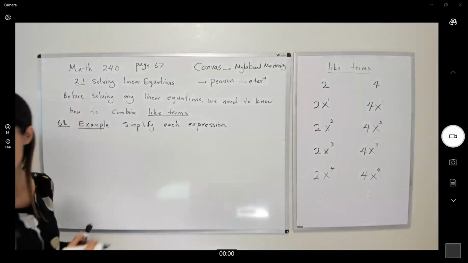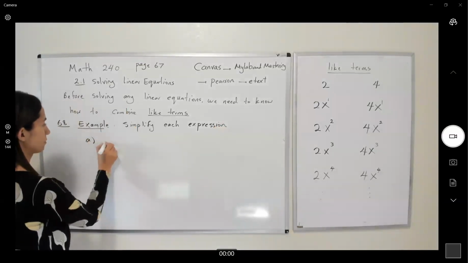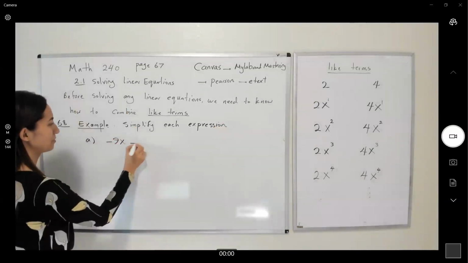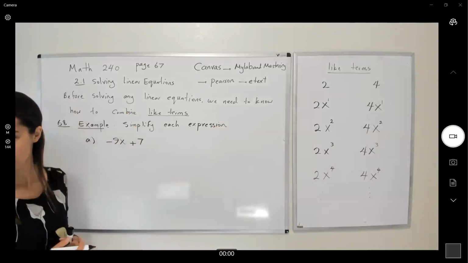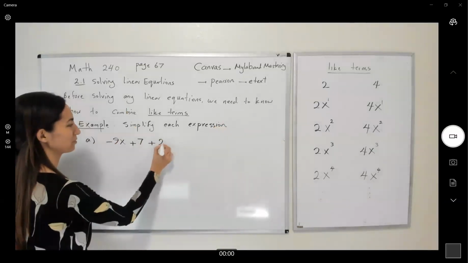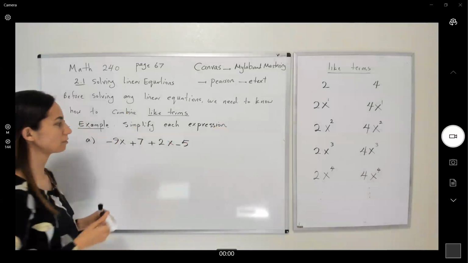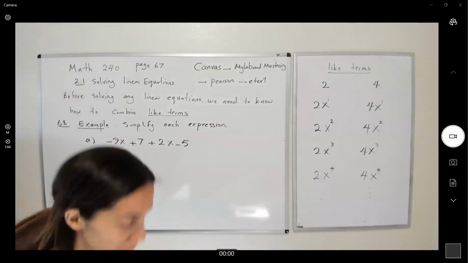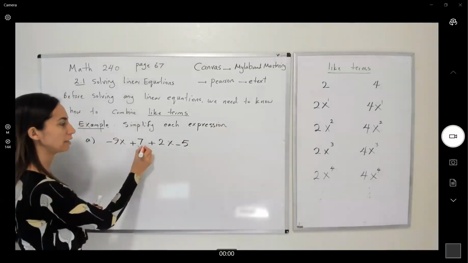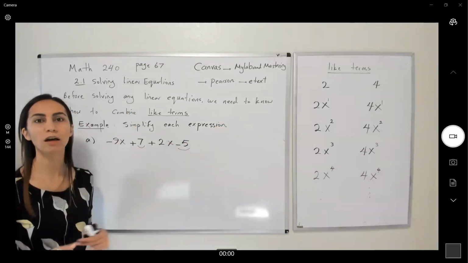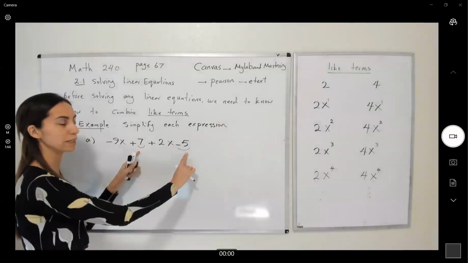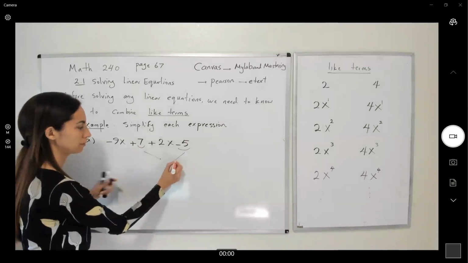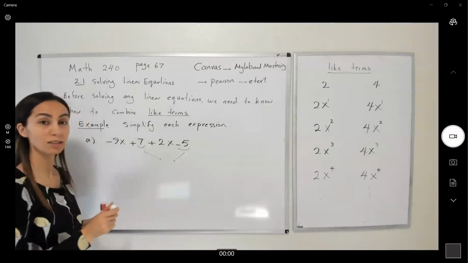The first expression is minus 9x plus 7 plus 2x minus 5. Very well. We're looking for like terms. So we learned that any two constants are like terms. 7 minus 5 is equal to 2. So the outcome is positive 2.